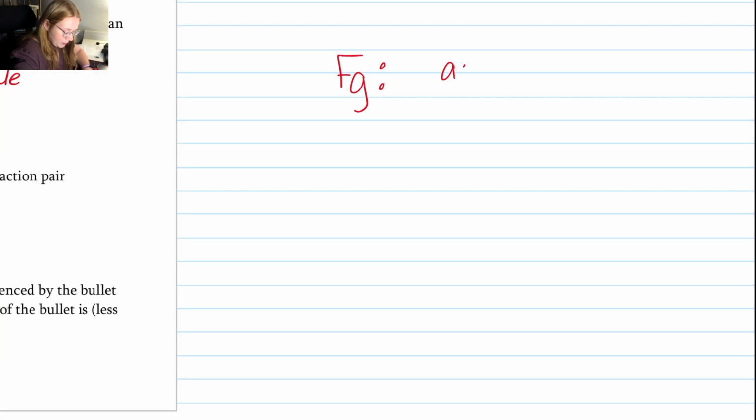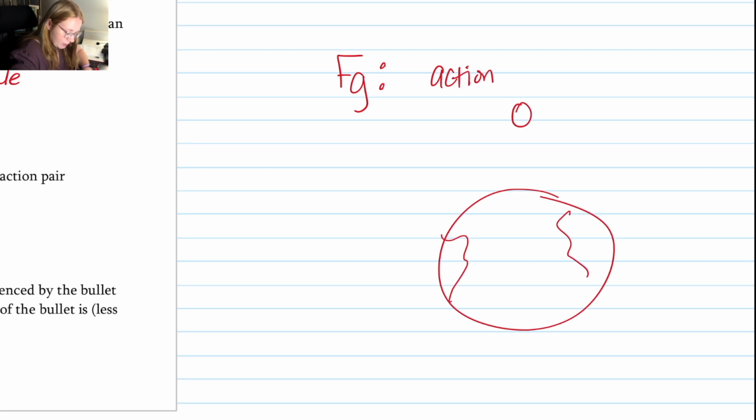So here is the action reaction for force of gravity. The action would be the earth pulling on the ball. The reaction would be that ball pulling back on the earth.